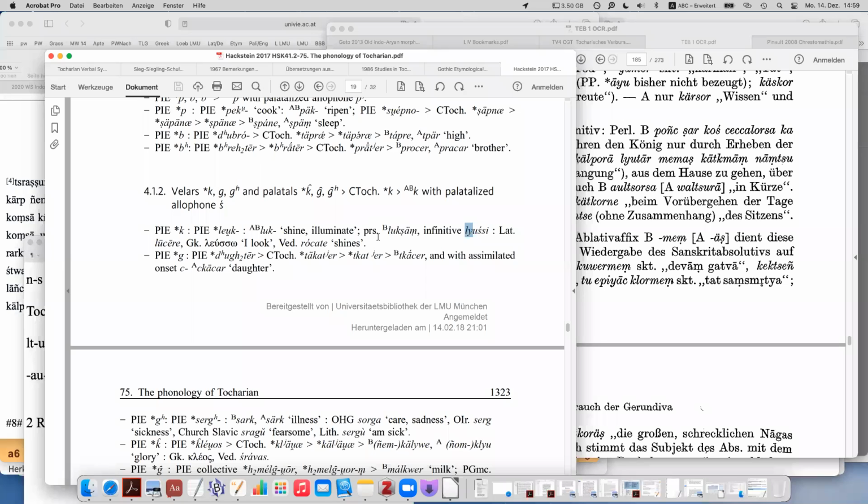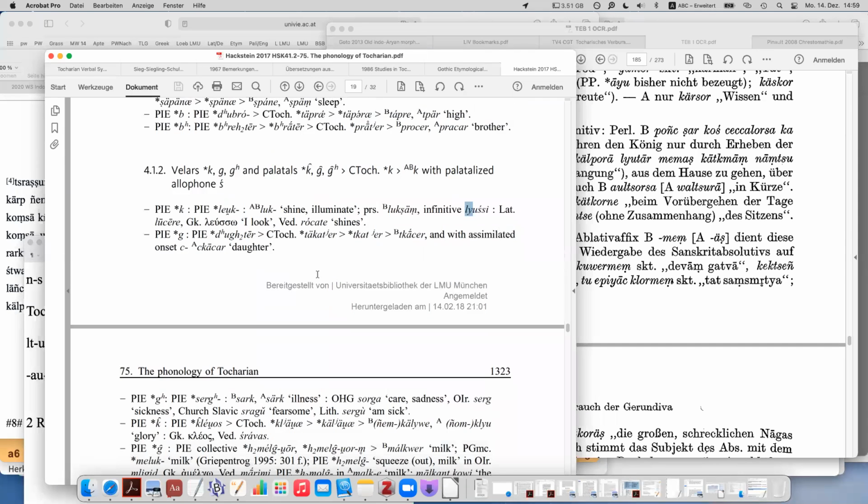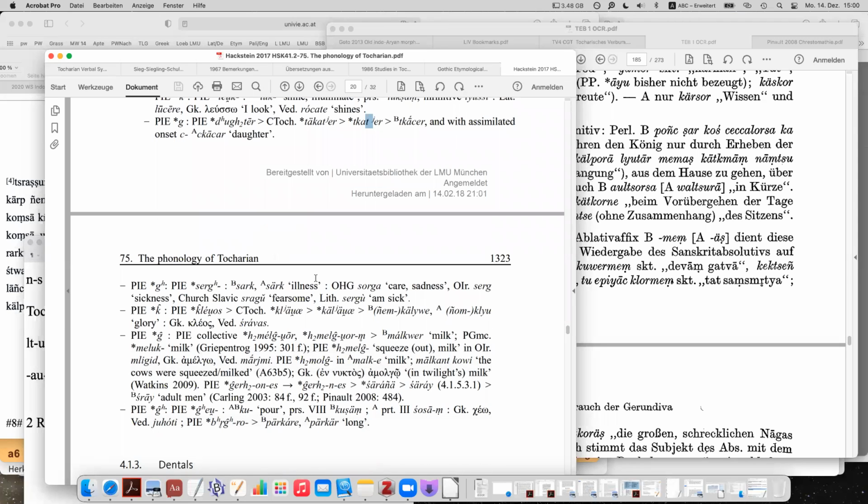Okay, and we also have other examples. Here it's the palatal version of t. Yeah, t can also be palatalized, and the result is ch. Okay, but let's check other examples.